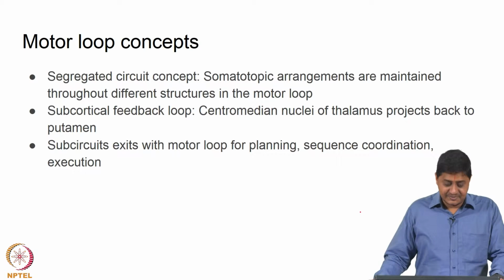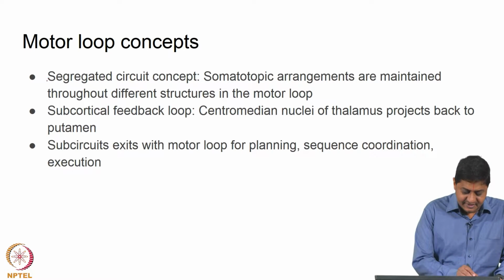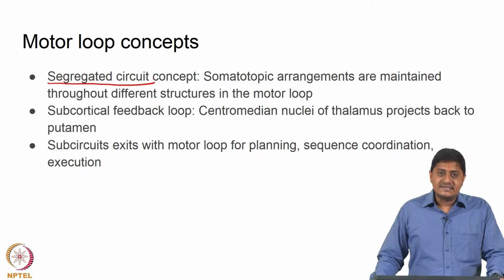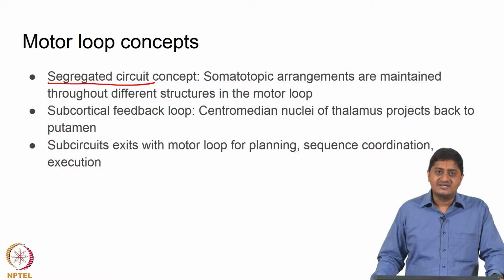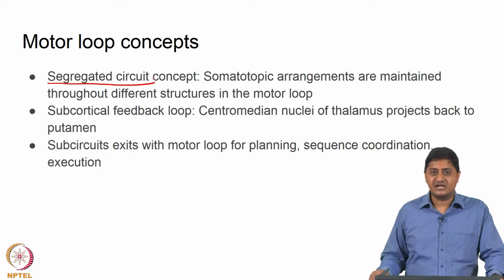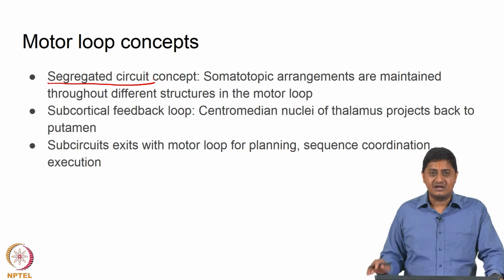An important principle is the concept of segregated circuits. Inputs received from different areas of the motor cortex, say for example the hand and the leg, are kept separate in the striatum, in the pallidum, and in the thalamus.